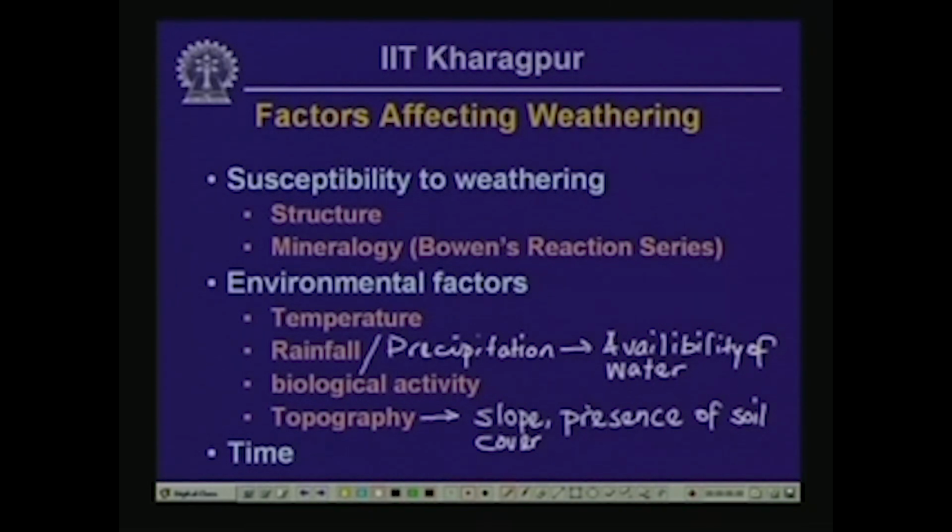Then I talked about biological activity. What I mean by that is, for example, development of forest cover, root penetration, activity of burrowing animals, and what happens because of this is the cracks open up, or deeper areas within the mass of rock that is subjected to the weathering process, the weathering agents such as water and air gain entry into those areas, and as a result the weathering rate also accelerates because of biological activity.